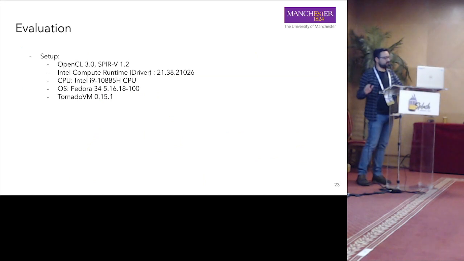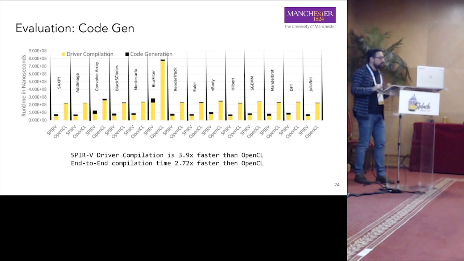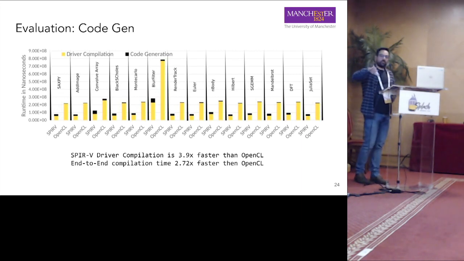Okay, so I'm not going to go into the details here. I'm going to jump directly into the evaluation. So what do we do here? First, we evaluate the code generation itself, okay? We have a set of benchmarks. Each block, let's say, is a group that represents a benchmark. And in that benchmark, there are two versions.